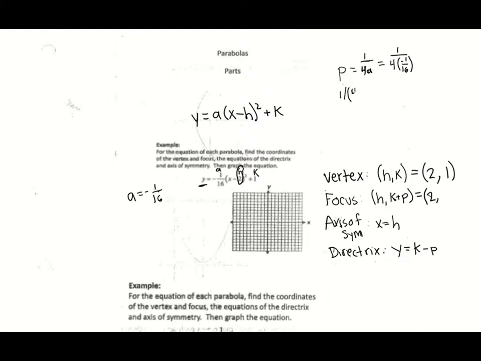I have 4 times negative another fraction, 1 over 16, close my parenthesis, and this will give me the correct answer when I type that into my calculator. And the answer we get is negative 4. So I know my p-value now is negative 4.